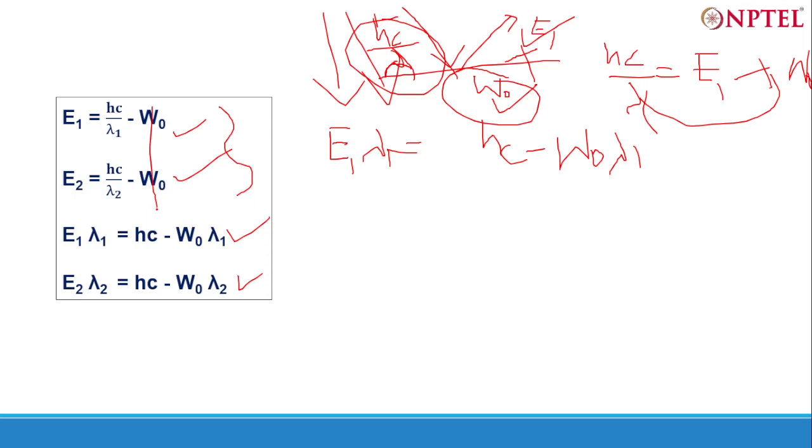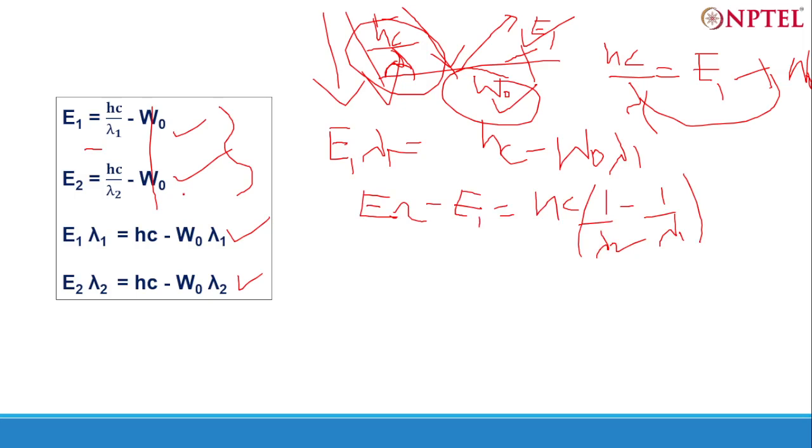You just subtract this from this. So E2 minus E1 equals hc, which remains common, times 1 upon lambda 2 minus 1 upon lambda 1, and this W naught cancels out. Now if you want to obtain the value of h, what will you do? E2 minus E1.